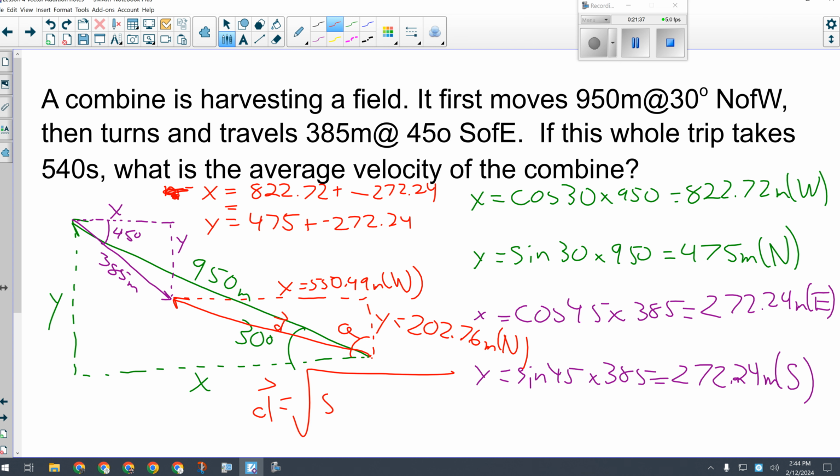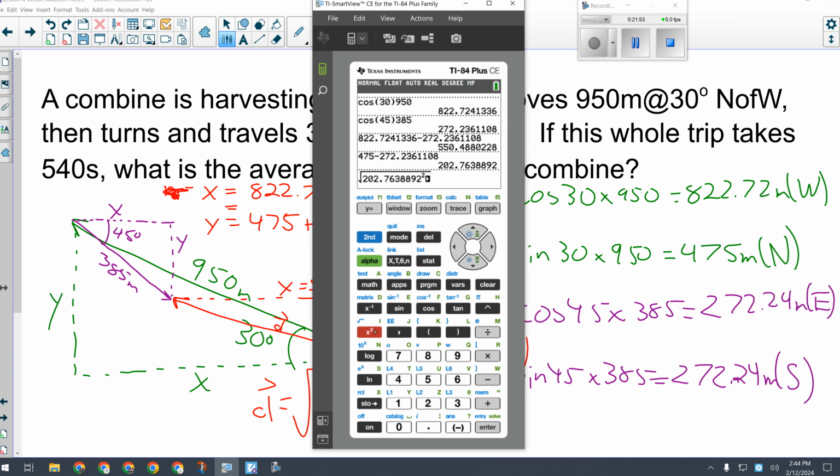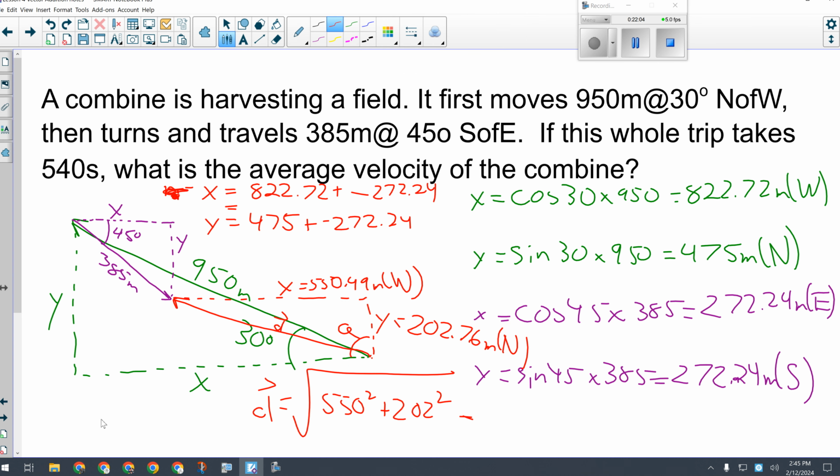That's going to be 550 squared, with all the decimals, plus 202 squared, with all the decimals. So my overall resultant is 586.64 meters.